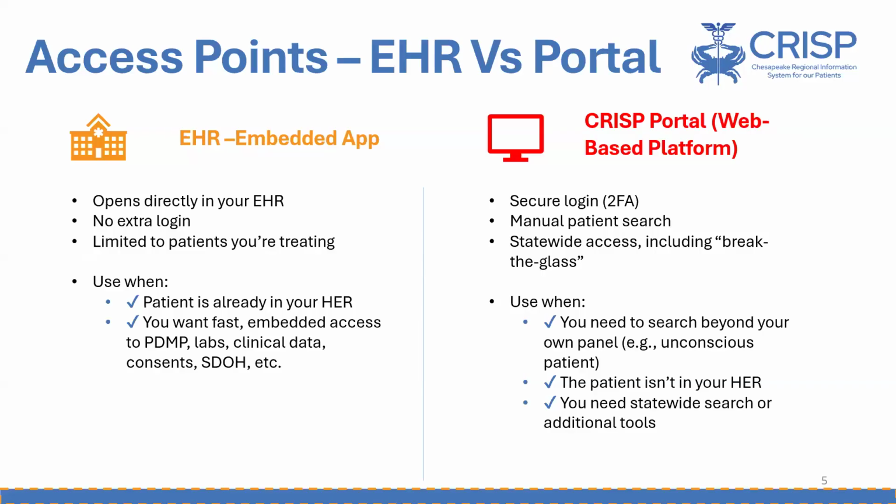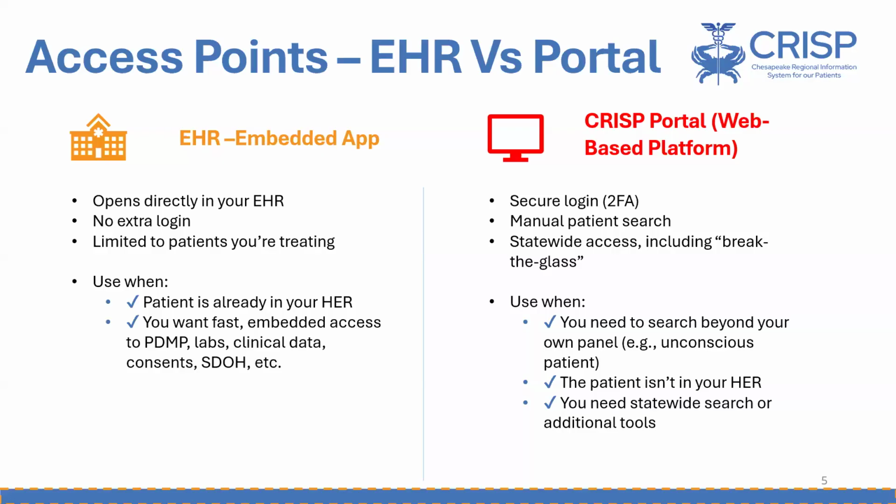The CRISP portal, on the other hand, is the web-based platform that you can use to access other tools outside of the Clinical Information Service or InContext. You can also search for patients outside of your panel or your treatment relationship. So this is a good tool to use, especially if you need to search beyond just the patients you see regularly, and you can also use other CRISP tools there.